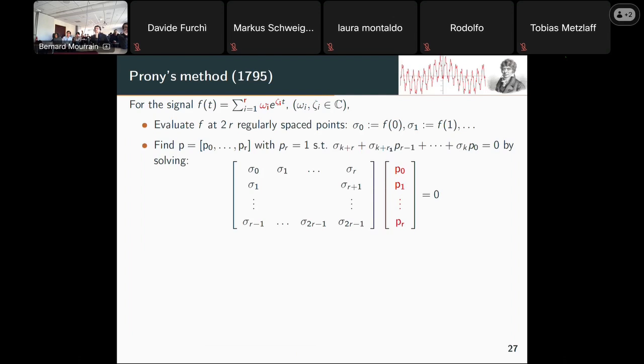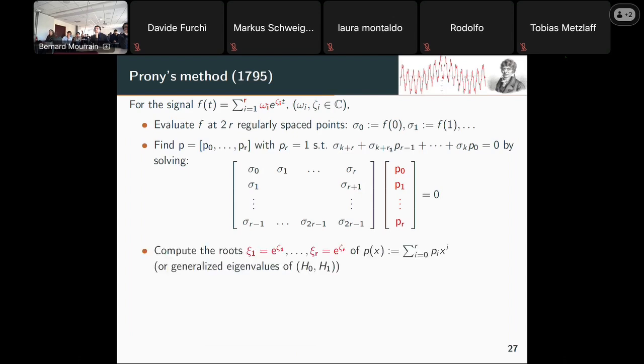Compute the kernel of this matrix, get the polynomial P of X, whose roots c1 to cR are of the form exponential of zeta 1 up to zeta R. So we take the log of these roots, and these are exactly the frequencies which appear in the exponentials.